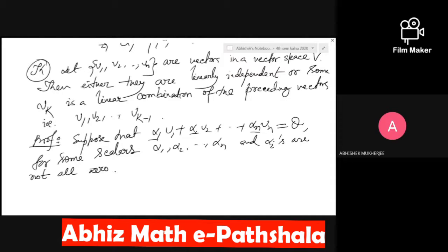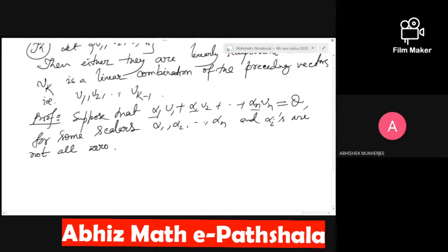Now, it may happen that after the kth term of these representations, the scalars are 0. All the scalars after the kth term are 0.